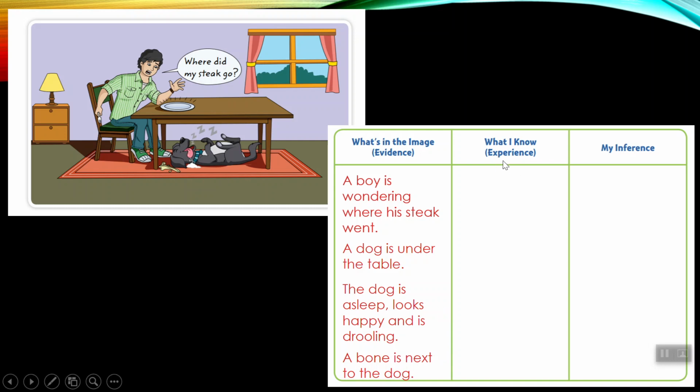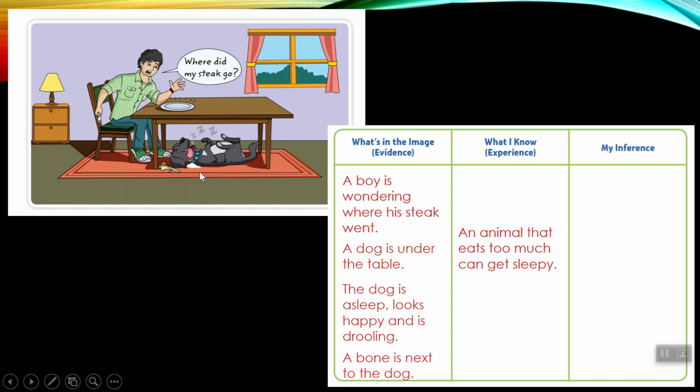So now that we have the evidence, these are all the clues that we saw in the picture, let's think about our experience. When have we experienced these things before? And what does that tell us about them? For example, in the past, I know that when I fed my animals and they've eaten too much, they can get sleepy. So this dog has eaten something well.